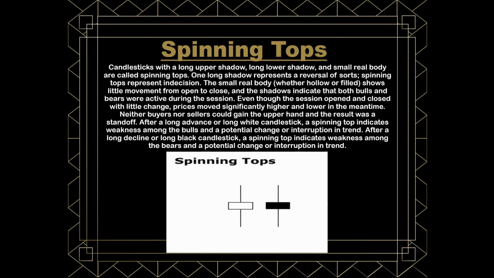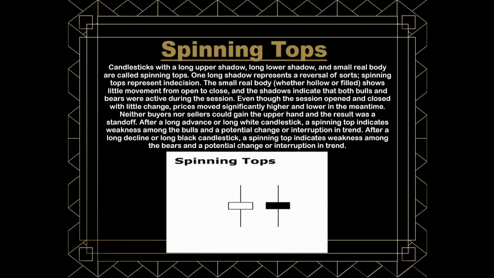The small real body, whether hollow or filled, shows little movement from open to close, and the shadows indicate that both bulls and bears were active during the session. Even though the session opened and closed with little change, prices moved significantly higher and lower in the meantime. Neither buyers nor sellers could gain the upper hand, and the result was a standoff.